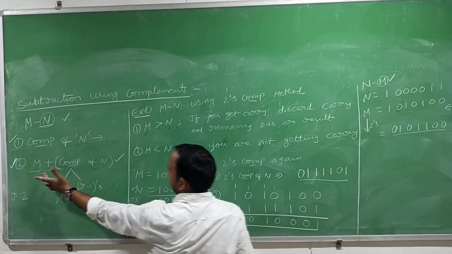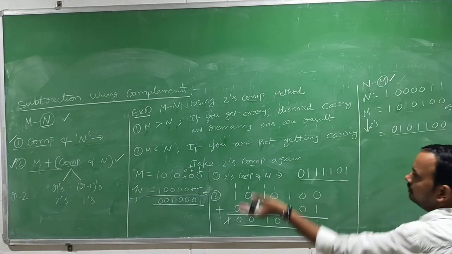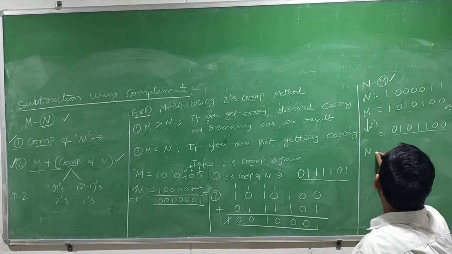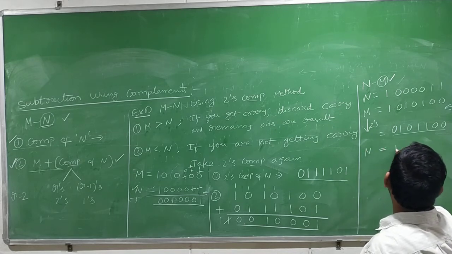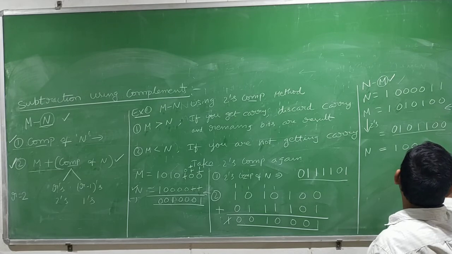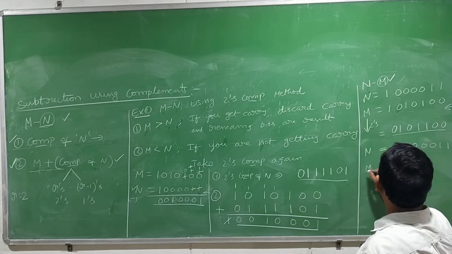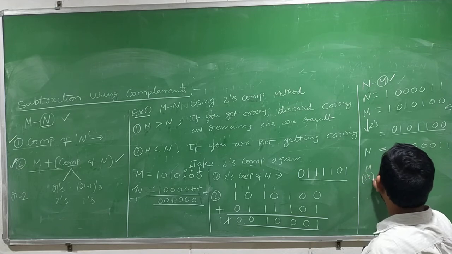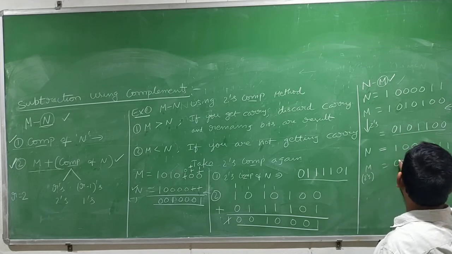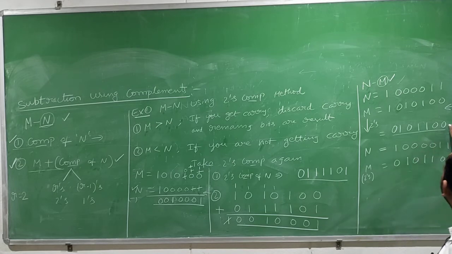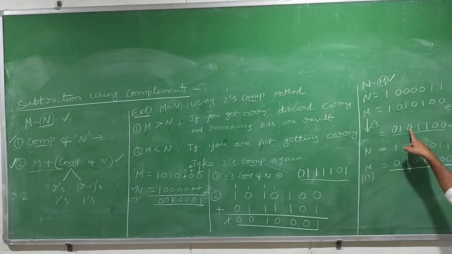The second step is to add that complement to the minuend. The given number n is 1 0 0 0 0 1 1. Now the 2's complement of m will become 0 1 0 1 1 0 0, which I have written here, right?